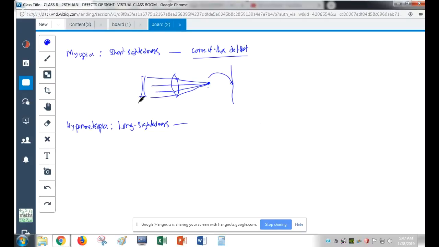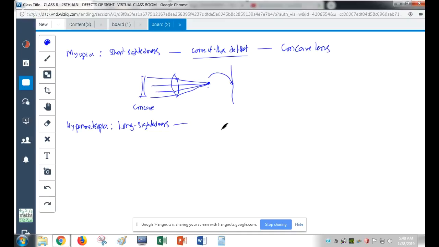So for that, a concave lens is to be used, because the eye lens became thicker. That is why a concave lens is used. When the ophthalmologist keeps the concave lenses here, slowly he will change the thickness of the concave lenses and bring it to this point so that you will read all the letters clearly. So to correct myopia, we need to use a concave lens.